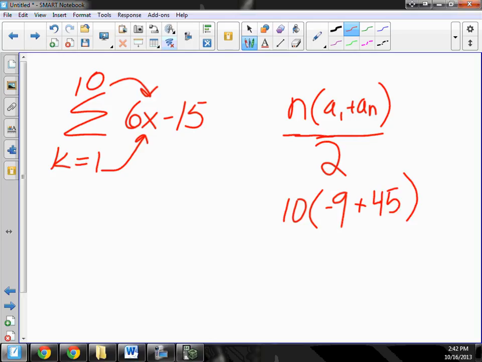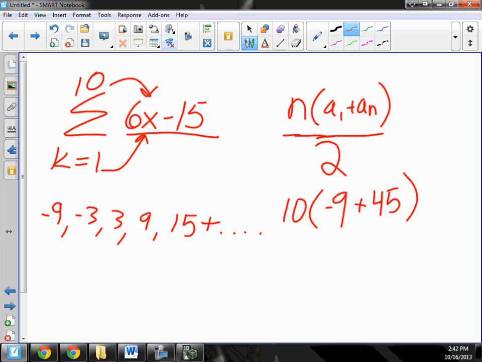So this says, if you take this equation and you plug in 1, and then you plug in 2 and 3 and 4 and 5, all the way up to 10, that's the sequence. So the sequence would be negative 9, negative 3, 3, 9, 15, and so on. I plug in 1, I get negative 9.